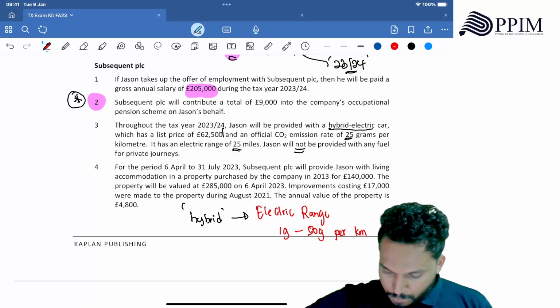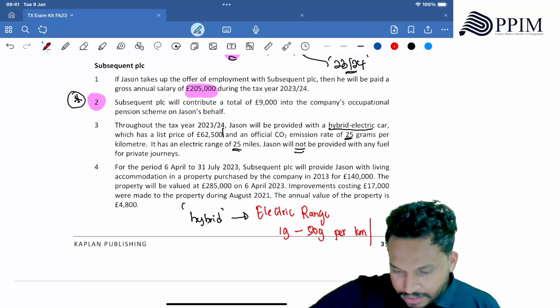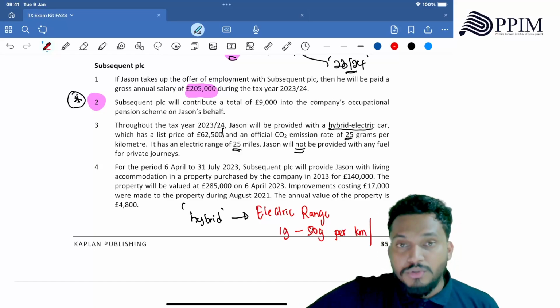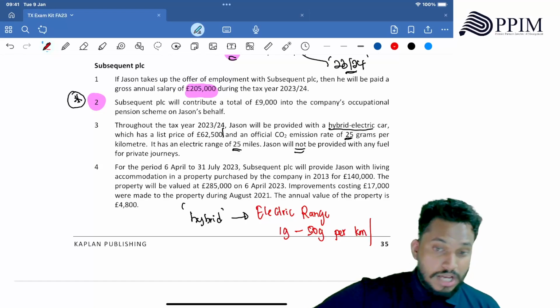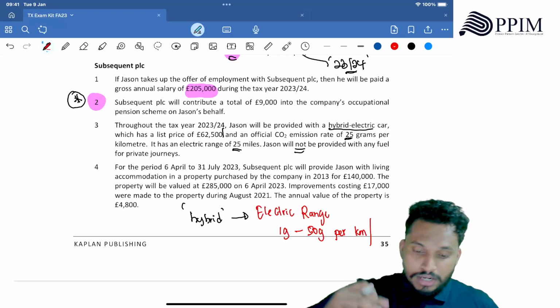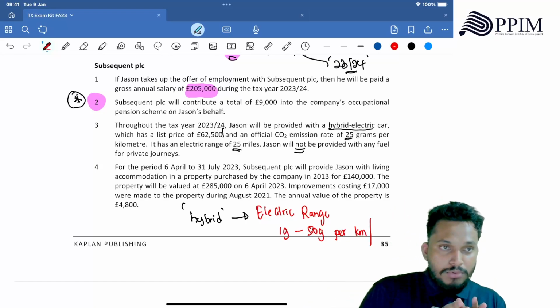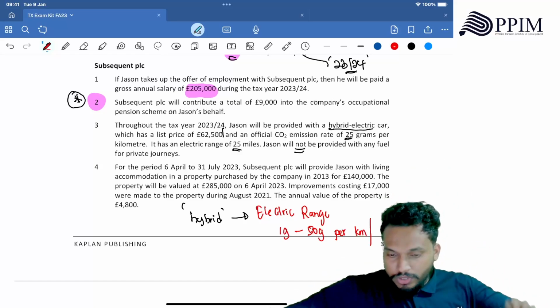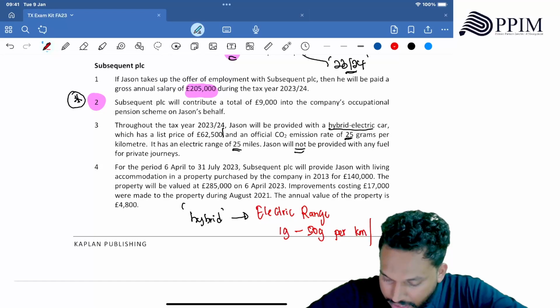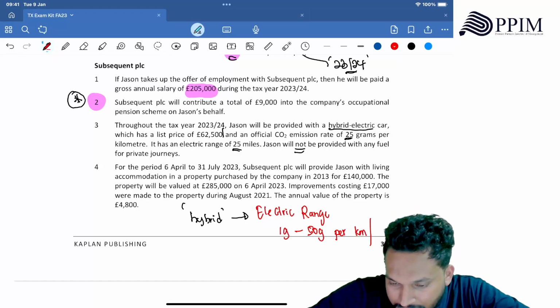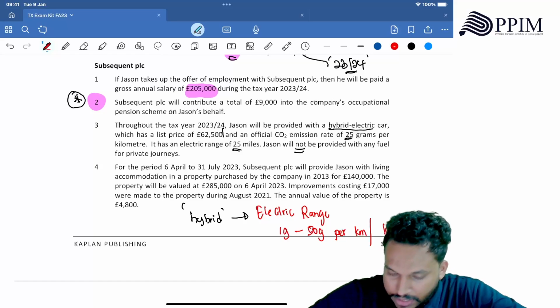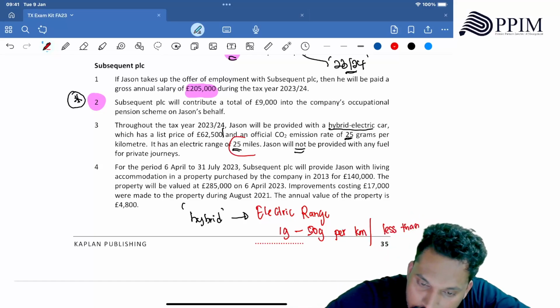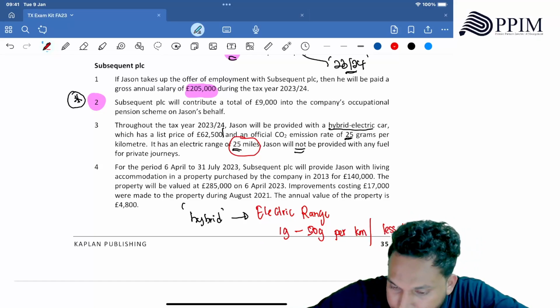Then you need to check the electric range as well. Is the electric range less than 30 miles?